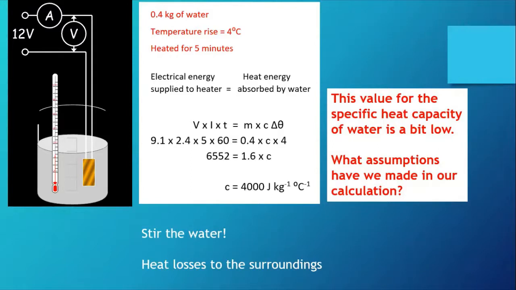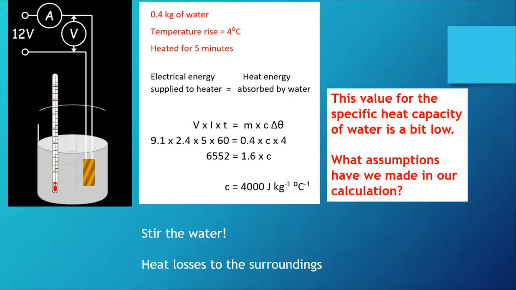But there's also a few other points we can make. Actually, the electrical energy supplied to the heater goes to heating the water. It also goes to heating the glass beaker. It also goes to heating the metal of the heater itself and the thermometer, as well as heat losses to the surroundings.